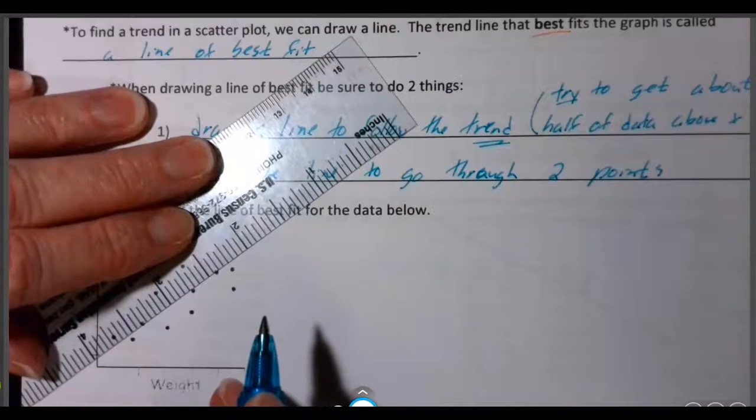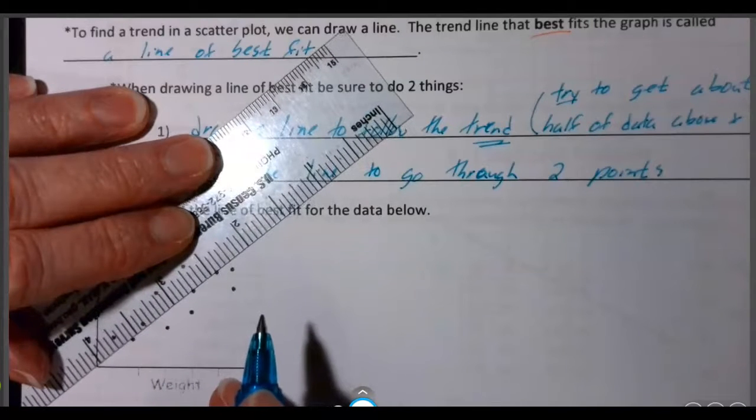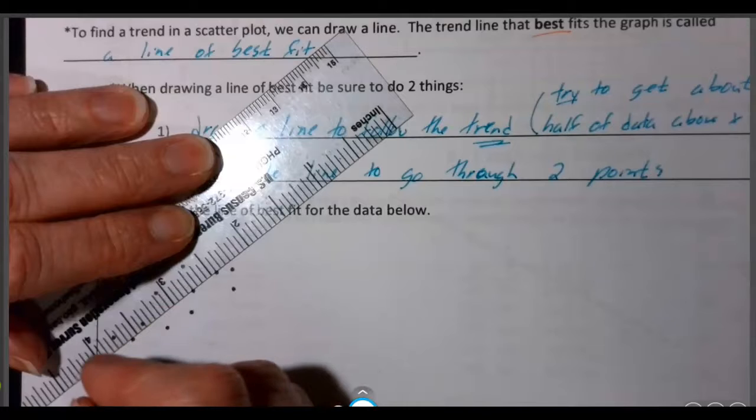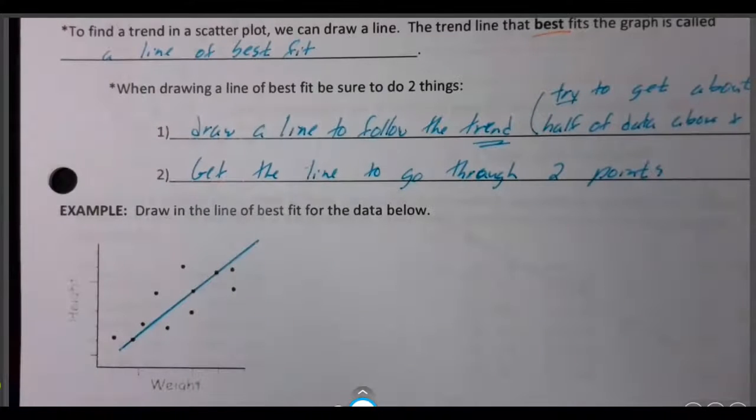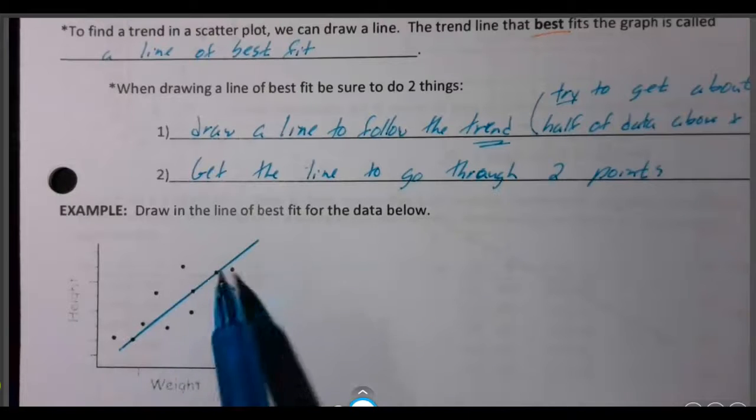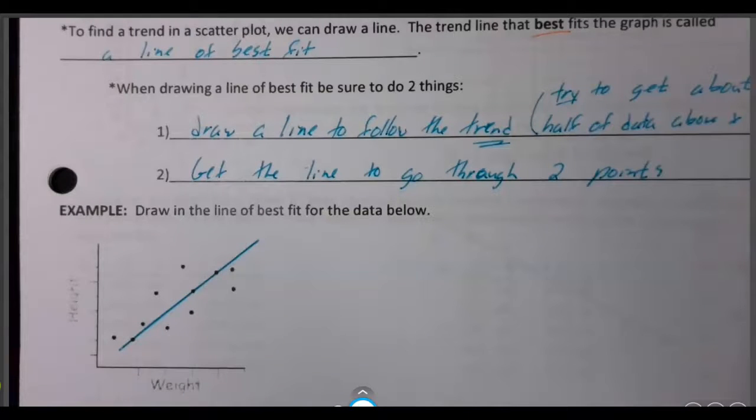So I would pick something like this, personally. It actually hits 3 points, so that one's pretty good. I'm going to draw this one and see what I think about it. I could always erase it. Look, I have about 4 points above, 4 points below. And I'm going through several points. So that's going to be really handy. So that could be my line of best fit.